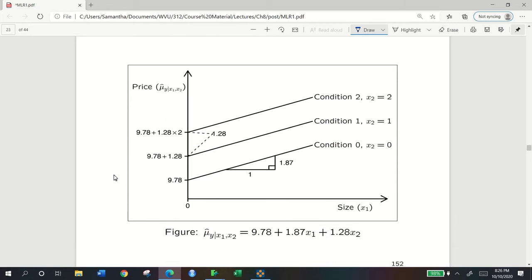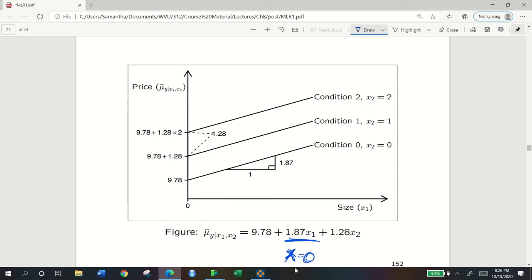And a nice way to see this in a two-dimensional sense is where we have the size of our house held at a fixed state. In this case, we have it at x1 equals 0.